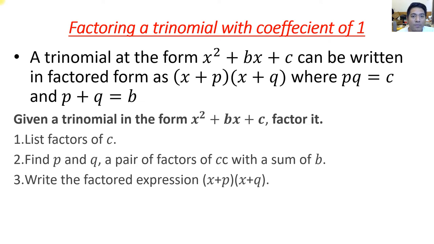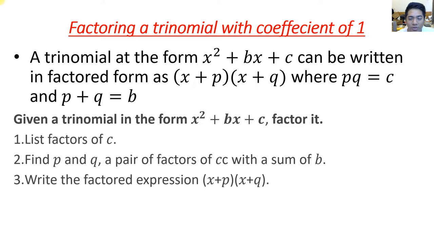So, factoring a trinomial with a coefficient of 1. Now, when we say trinomial, a trinomial has 3 terms. A trinomial in the form of x squared plus bx plus c, where b and c are constants, can be written in the factored form as x plus p and x plus q, where pq equals c and p plus q equals b.